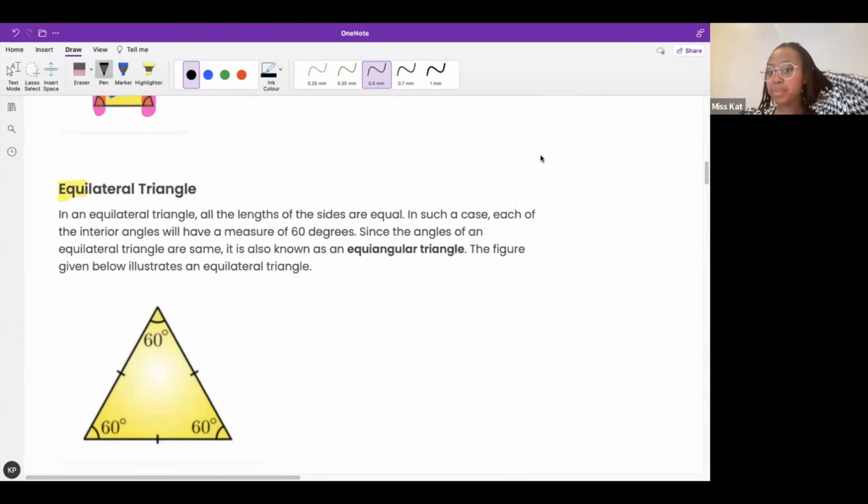Hello, ma'am. I just wanted to say that we were learning about the equilateral and all the other shapes of the geometry thing. So an equilateral, how I'm understanding it is that all the sides are the same, and it equals 180.